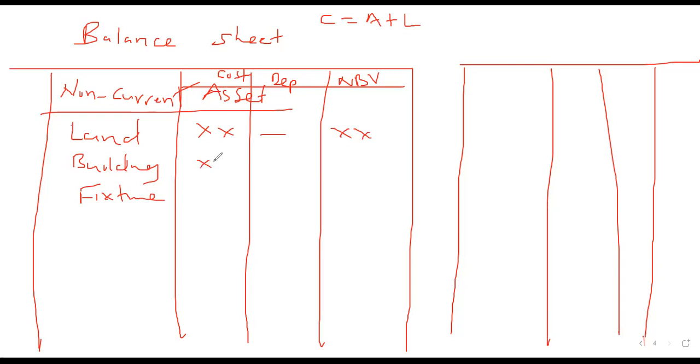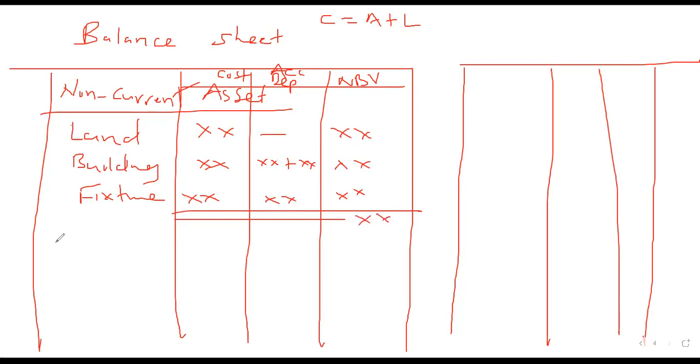The accumulated depreciation is treated as follows: if there's depreciation that you calculated for this year, you add it to the one that was in the trial balance, and you get the accumulated depreciation. When you subtract it from the cost value, what we get is called the net book value. Collectively, the figure you get here is the total fixed assets, which we now call the non-current assets. Then we go to the current assets.